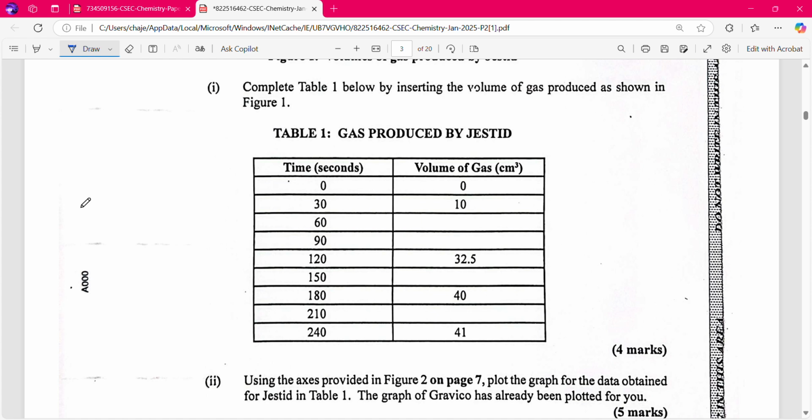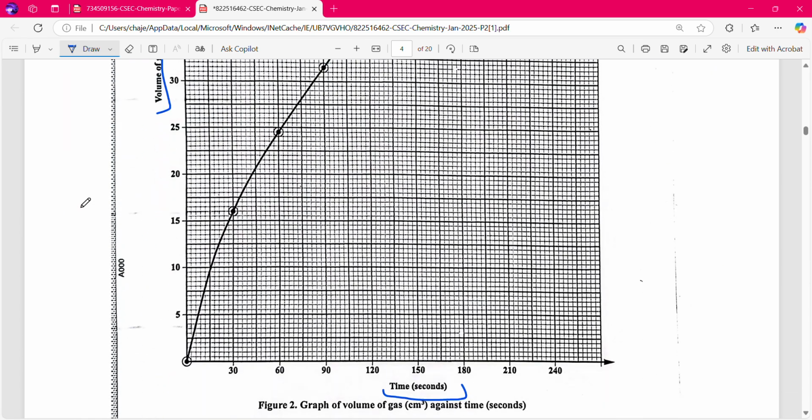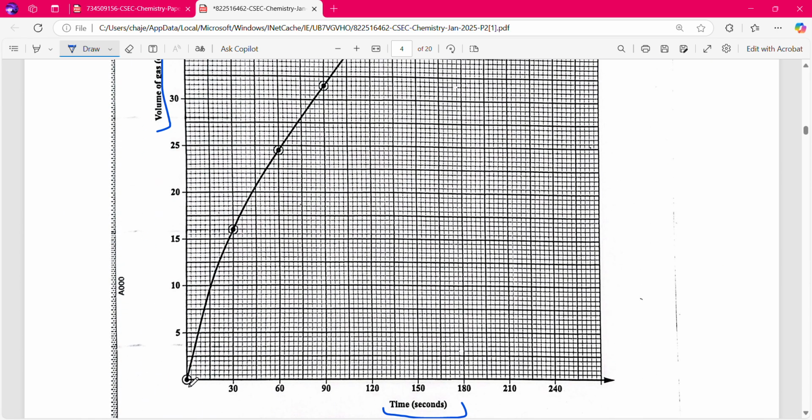So the first one is 0 to 0. What's the second one? I think it was 30 to 10. 30 what, seconds?